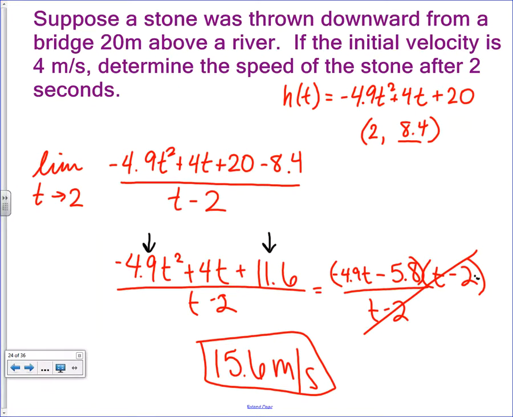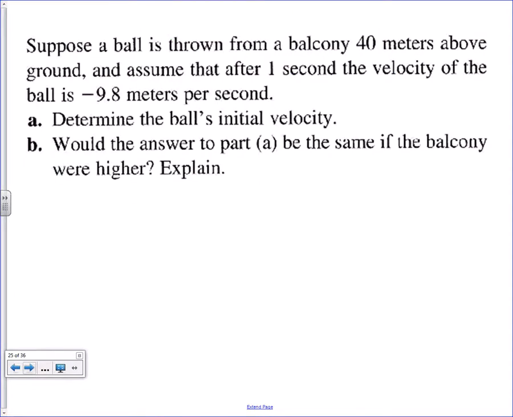Alright, last one. I have a ball thrown from a balcony 40 meters above the ground. Assume that after 1 second, the velocity is negative 9.8 meters per second. Determine the ball's initial velocity. Okay.